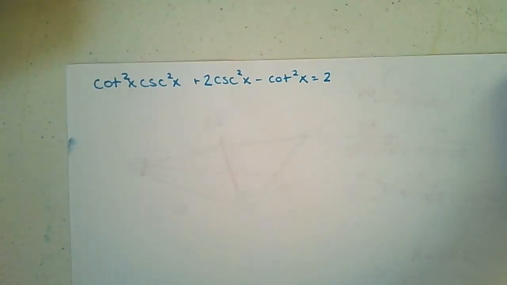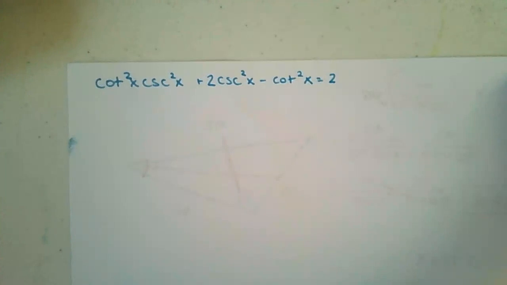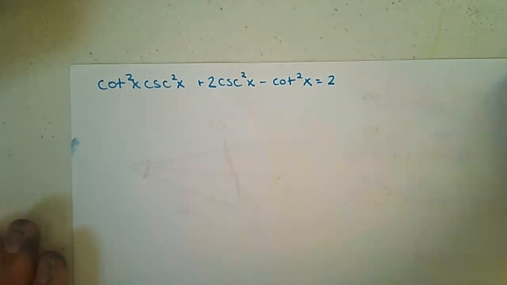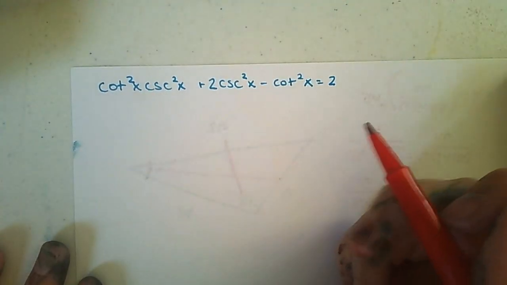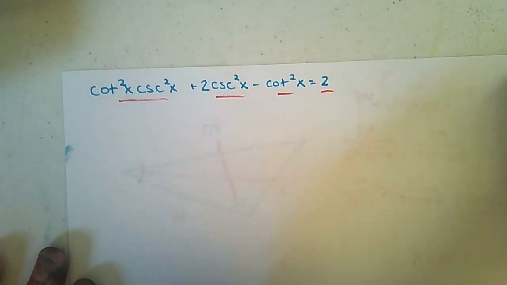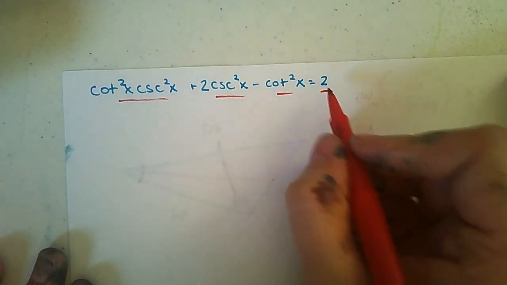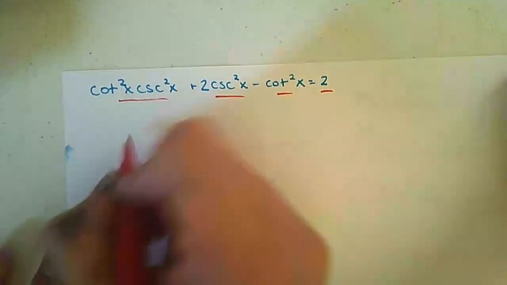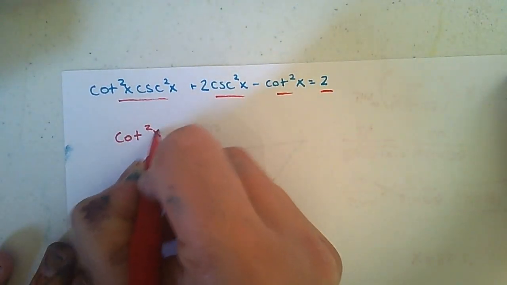All right, last one. It is another grouping example. Again, notice I have 4 terms here. This one is not equal to 0 though, so I'm going to go ahead and subtract that 2 over before I begin.